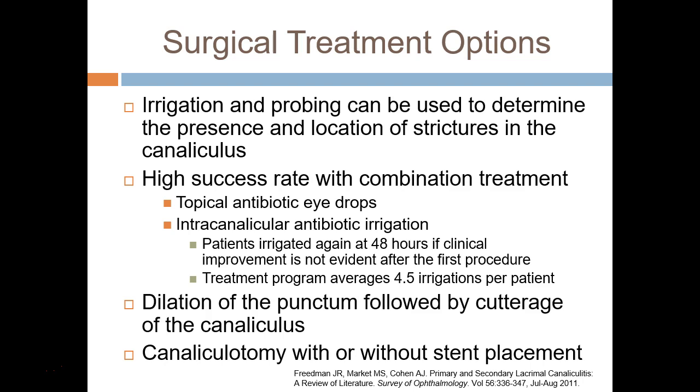What the literature shows is that for some patients you may have to do that 4 or 5 times to really get rid of the infection. You irrigate them with antibiotics and have them come back in 2 days. If they're not a whole lot better, irrigate them again, have them come back in 2 more days. You may have to do that 3 or 4 or 5 times to really get rid of a chronic infection that's been hanging around for 2 years.